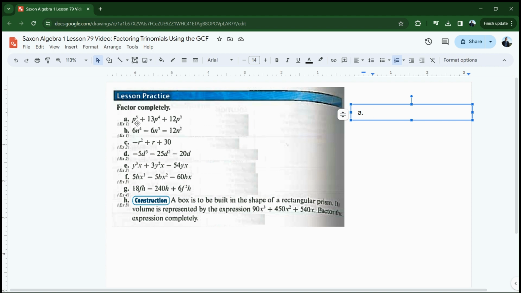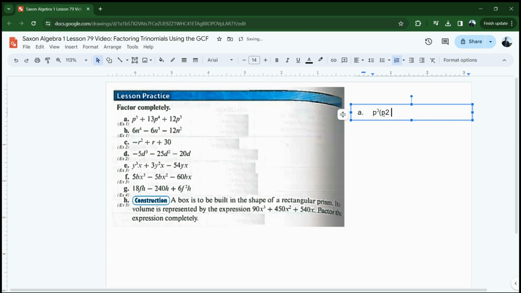I noticed that p to the third can be pulled out of everything here. So what I'm going to do is put a p to the third out front of a set of parentheses. You have to do this. Whatever you pull out, you need to make sure it goes in front of a set of parentheses. Now, in my parentheses, I'm going to put the remaining terms after I pull out p to the third.